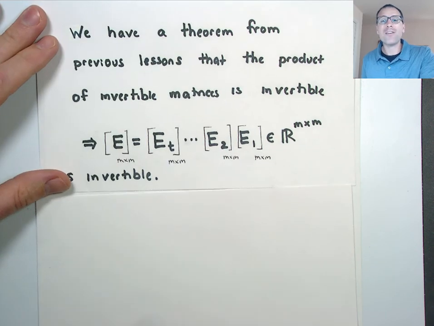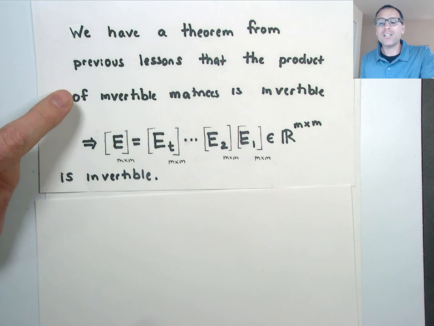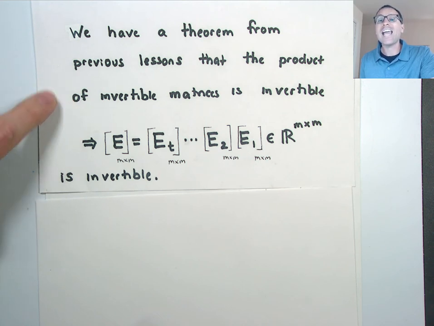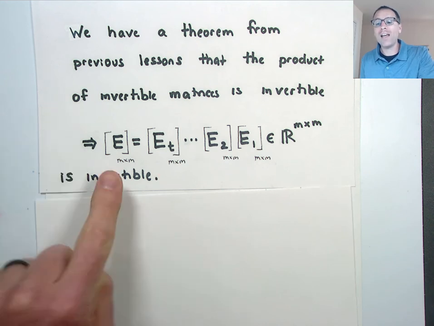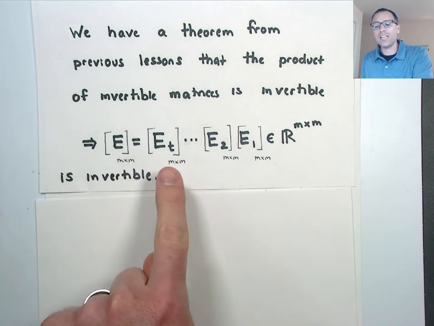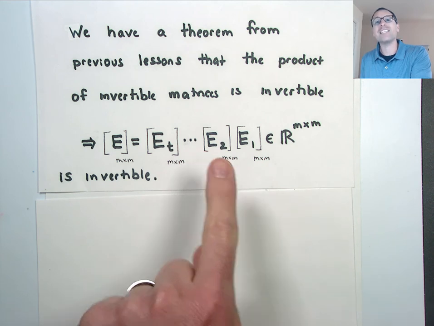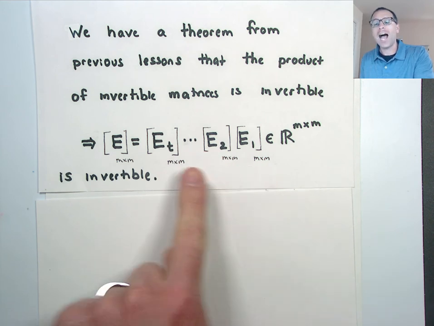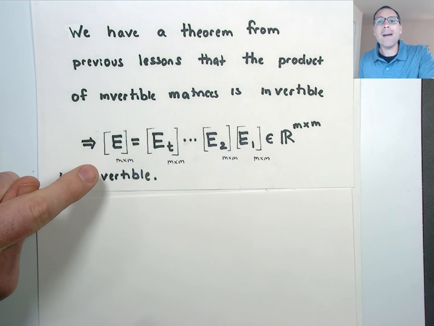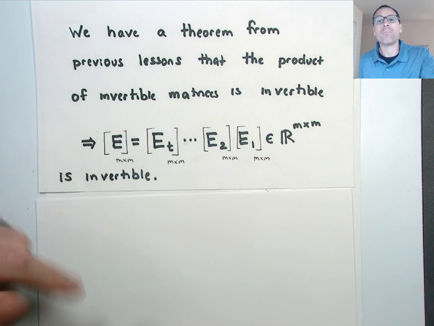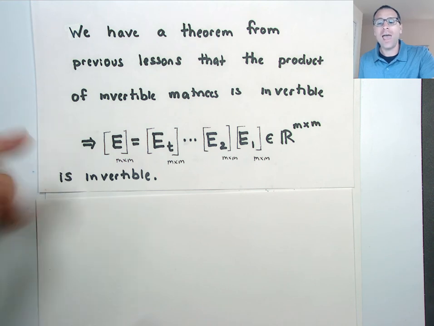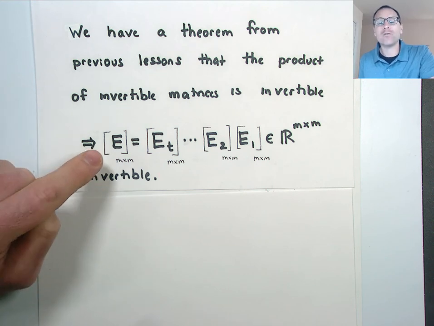We also have a theorem from previous lessons that says that the product of non-singular matrices, the product of invertible matrices, is also invertible. So if I now take the sequence E sub t times E sub t minus 1 times ... times E2 times E1, I can form a new m by m matrix, let's call it E, as the product of elementary matrices, and that new matrix is invertible.